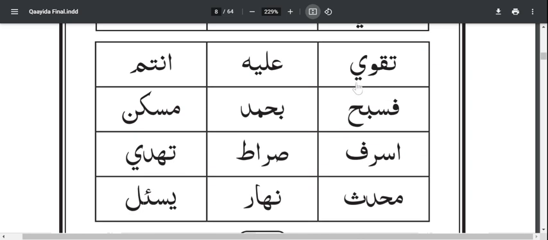Ta, qaf, waw, ya, ain, lam, ya, ha, alif, noon, ta, meem, fa, sin, ba, ha, ba, ha, meem, dal, meem, sin, kaf, noon, alif, sin, ra, fa, sad, ra, alif, ta, ta, ha, dal, ya, meem, ha, dal, tha, noon, ha, alif, ra, ya, sin, hamza, lam.